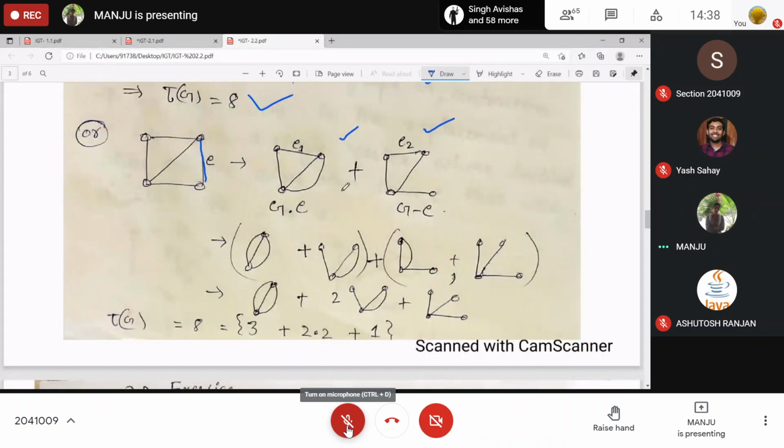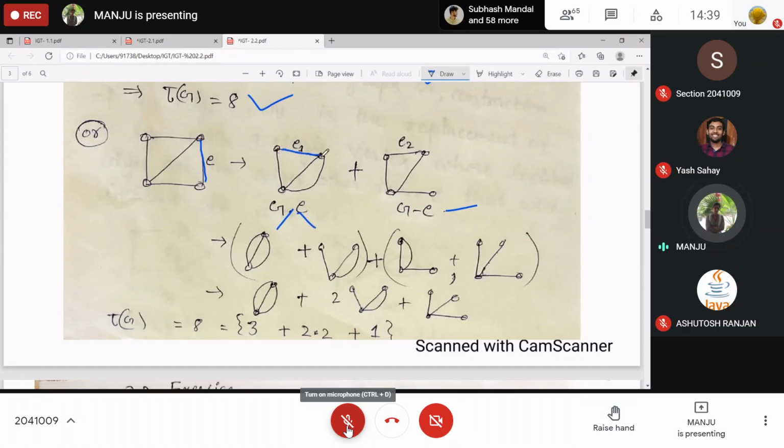If you are stuck here and you don't know how to count the spanning trees for this one, then again apply the recurrence, that is the edge contraction method.